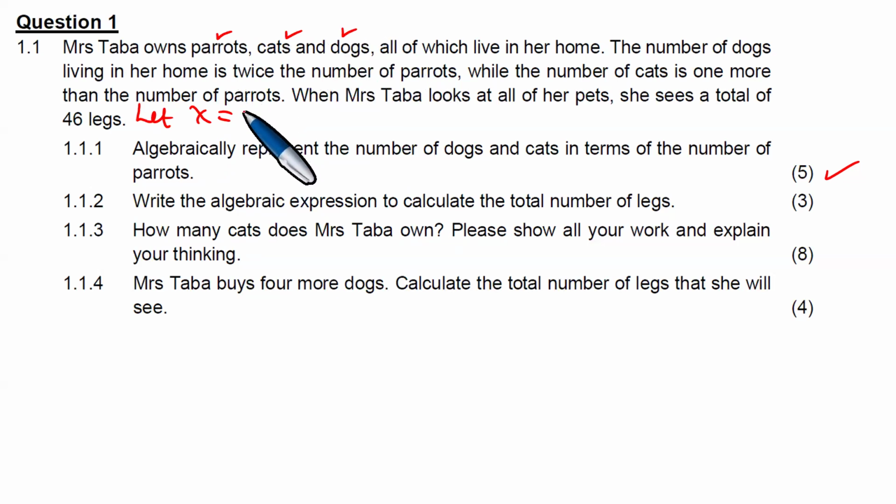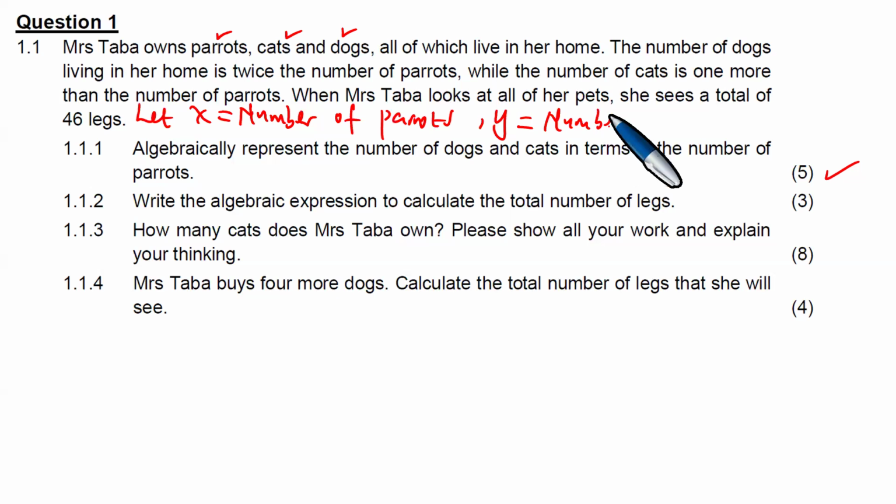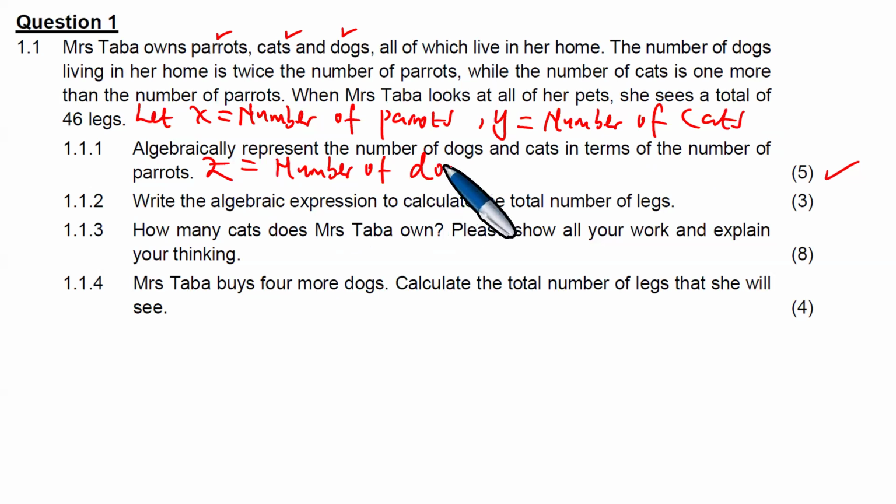You can say let x be equal to the number of parrots, y be the number of cats, and z be the number of dogs.